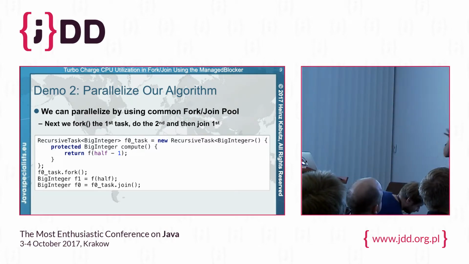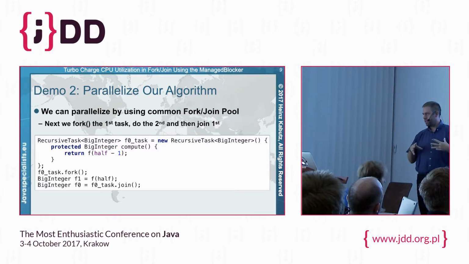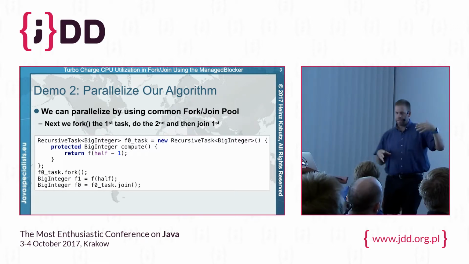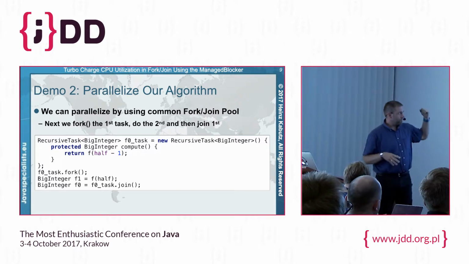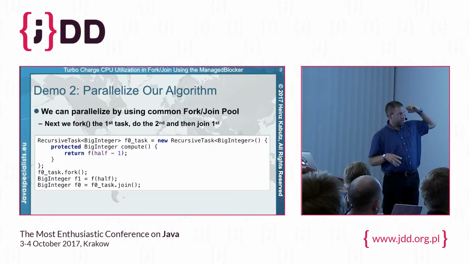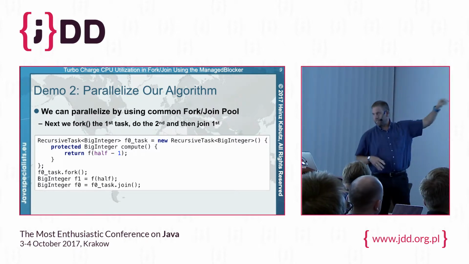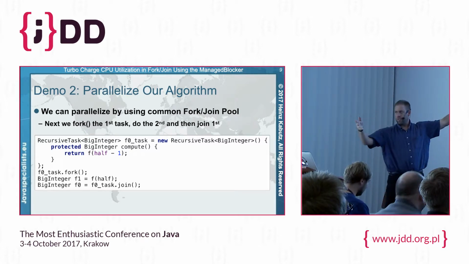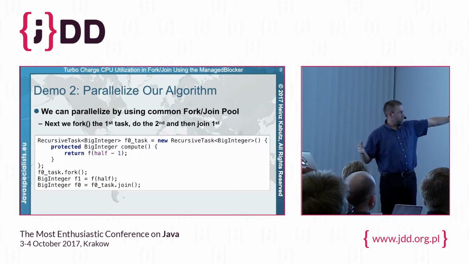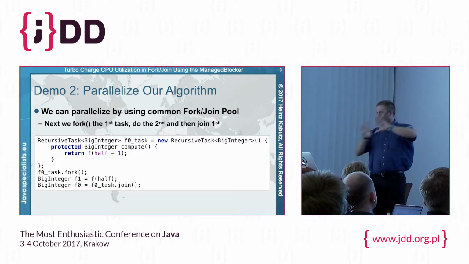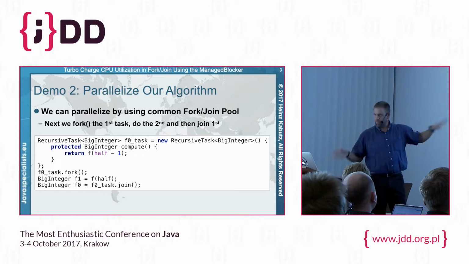Whenever you have two recursive calls, you take one of them, you wrap it inside a recursive task, that's an abstract class that supports the fork join pool, and then you construct that, you fork it, and this would potentially start a new thread or start it on a new fork join thread, and then you'd execute the other half of the recursive branch, and then you'd join with the first one that you forked.